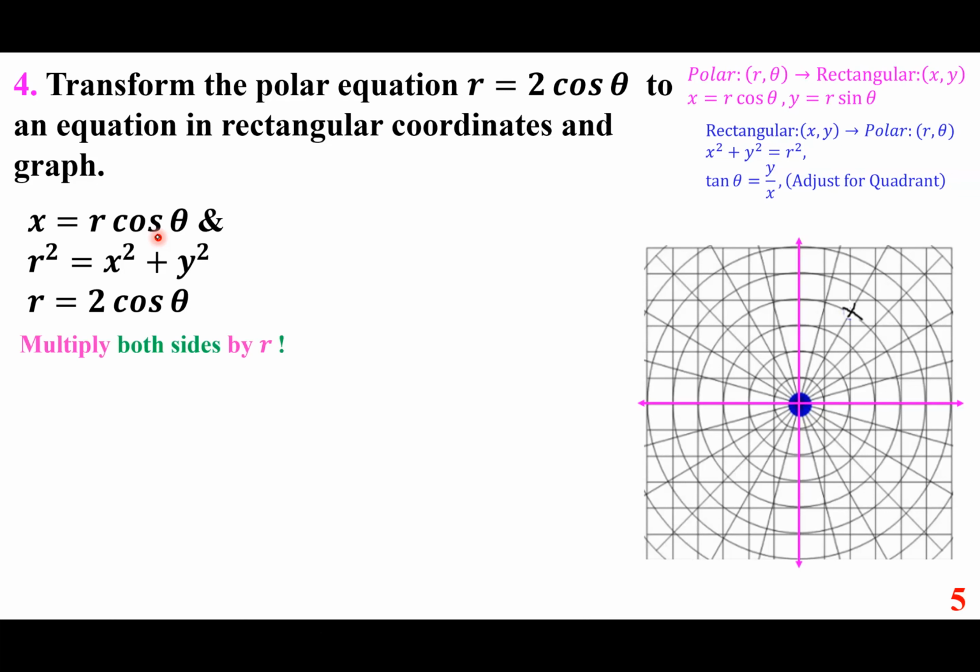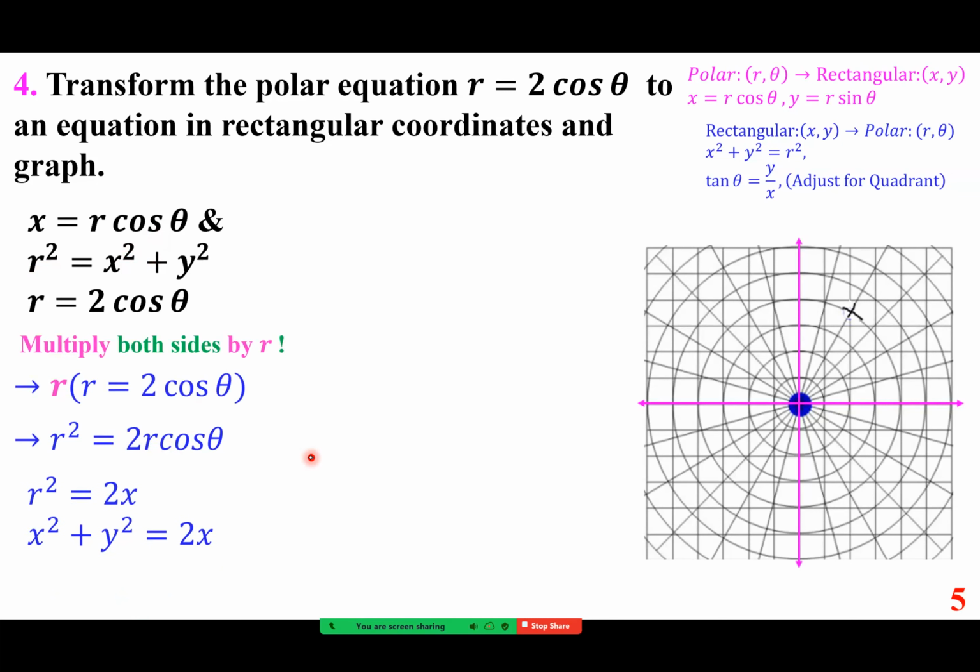When we do that, this becomes r squared, this becomes 2r cosine theta, and r squared, which is x squared plus y squared, equals 2x. So we bring everything to the same side and put the x squared and 2x next to each other. So x squared minus 2x.